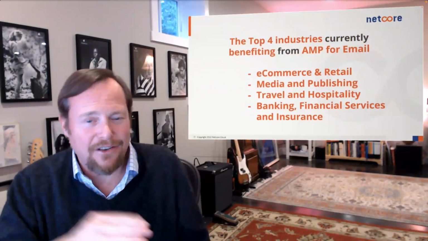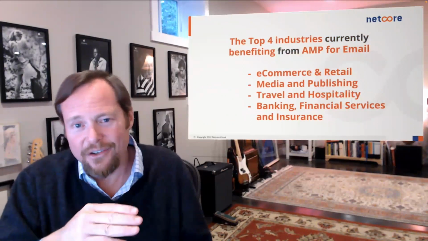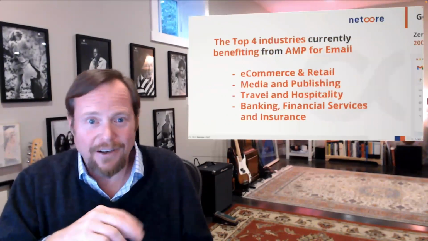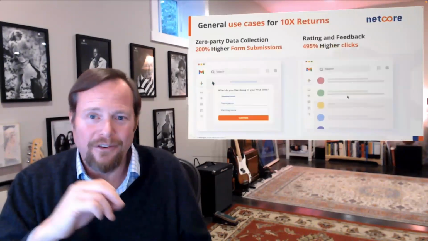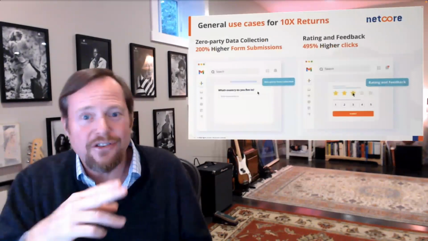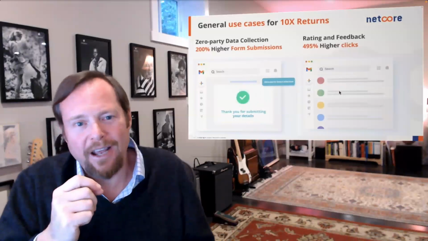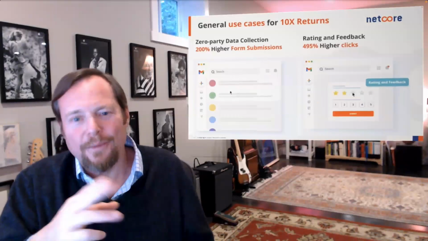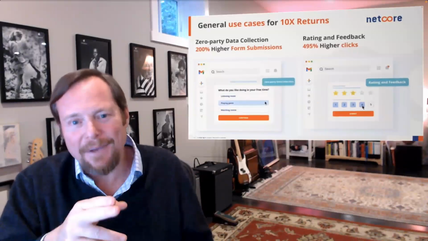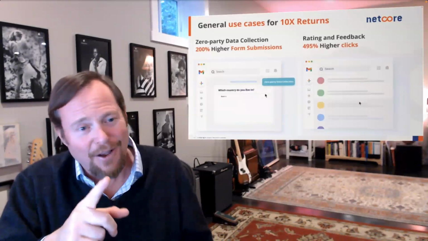And let's dig into, just for a minute here, some of these use cases that are driving these business outcomes. General use cases across virtually all those business verticals: zero-party data collection, 200% higher form submissions when you're making it happen in the message itself.